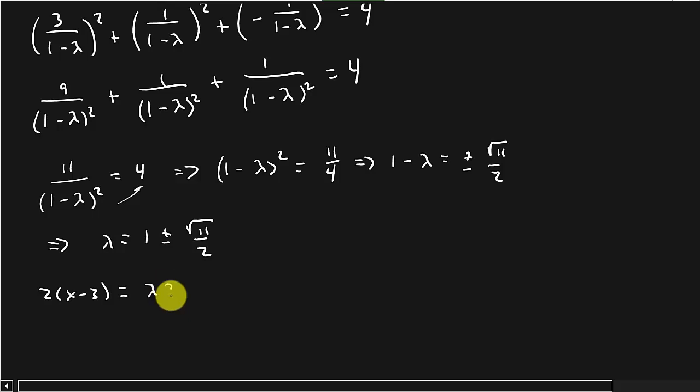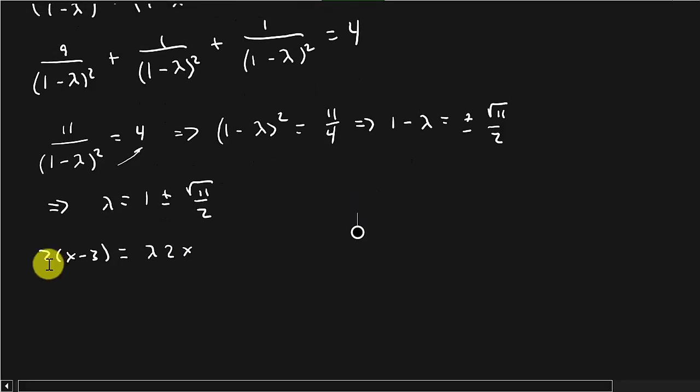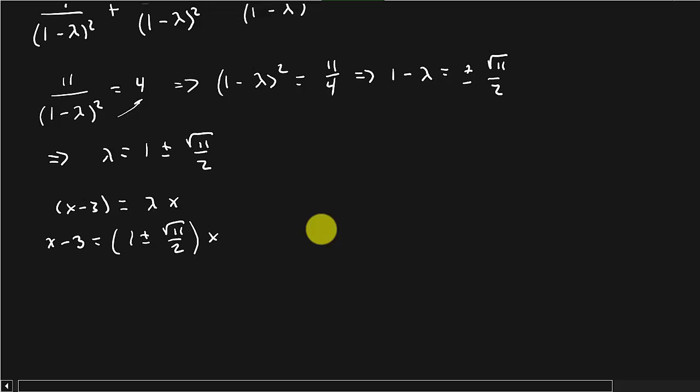Let's take this and solve it, and actually let's just write it without the 2. We can divide both sides by 2 and we'll get the same thing. So let's plug this in. I've got x minus 3 equals lambda, which is 1 plus or minus square root of 11 over 2, times x.